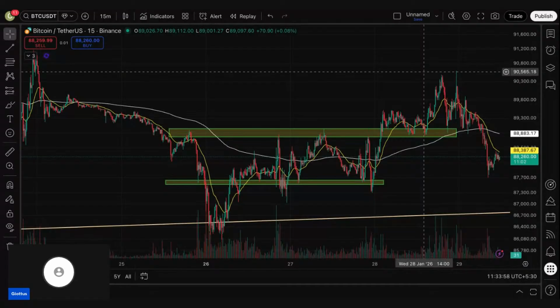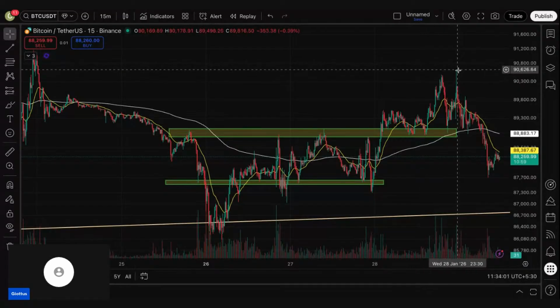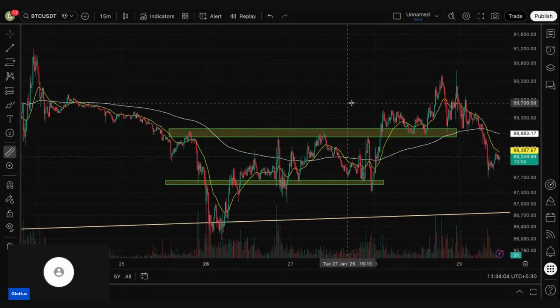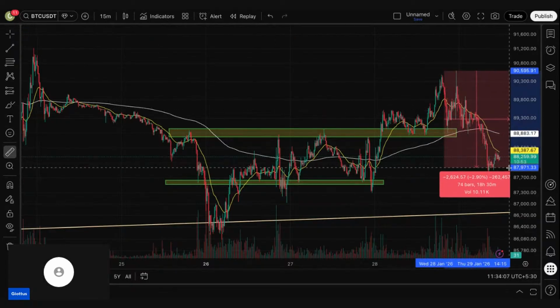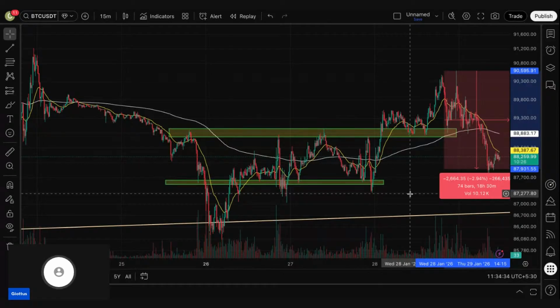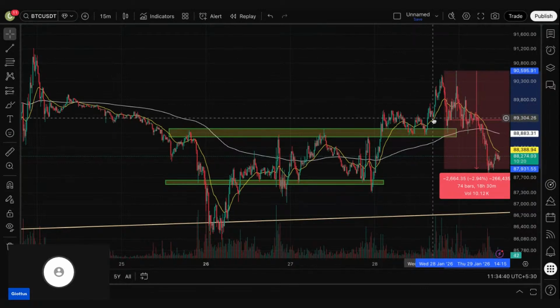But from that particular zone, Bitcoin has corrected by almost 3%.